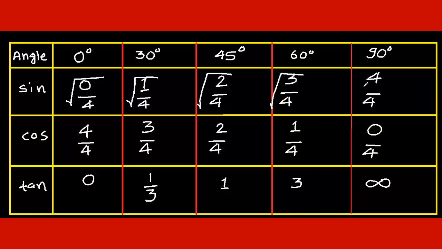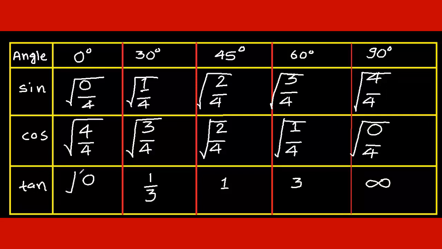So this is root 3 by 4. This is under root of 4 by 4, that is equal to 1. This will be under root of 4 by 4 and so on. Okay. So do it for all the quantities, whether this is sine, cos or tan. Okay. So this way you can remember the values of certain trigonometrical functions for some standard angles.